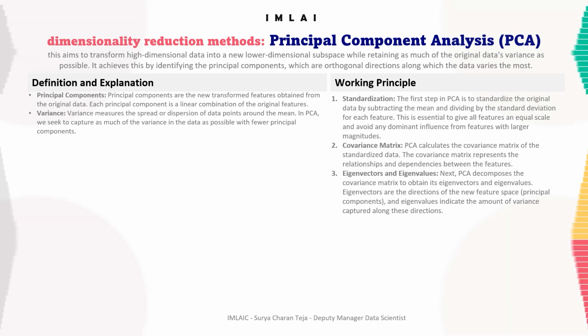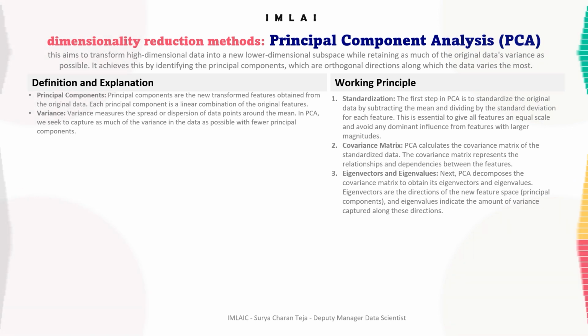From eigenvectors and eigenvalues, next we move on to principal component selection. PCA sorts the eigenvectors based on their corresponding eigenvalues in descending order. The eigenvectors with the highest eigenvalues capture the most variance and become the principal components.